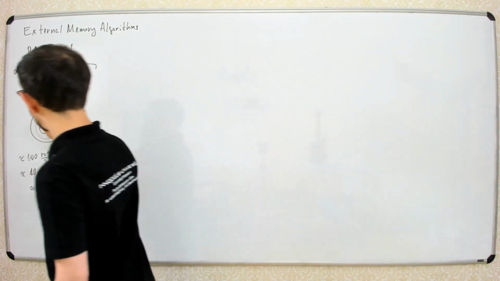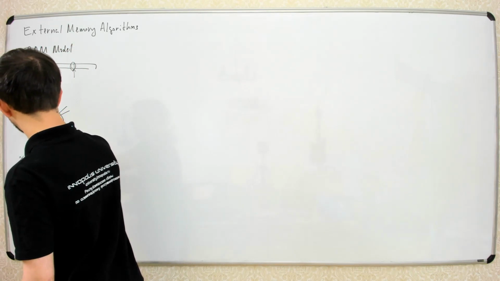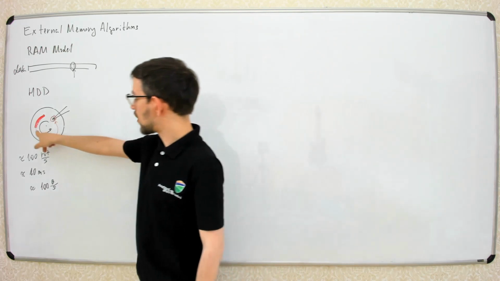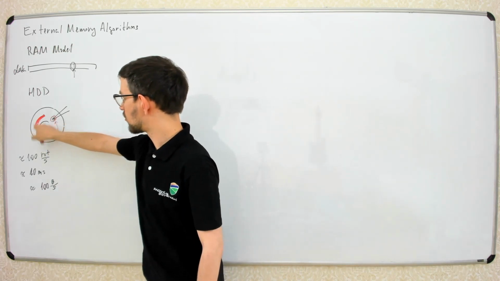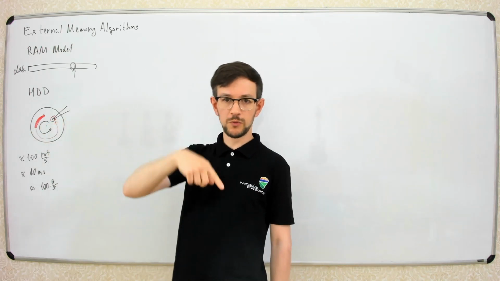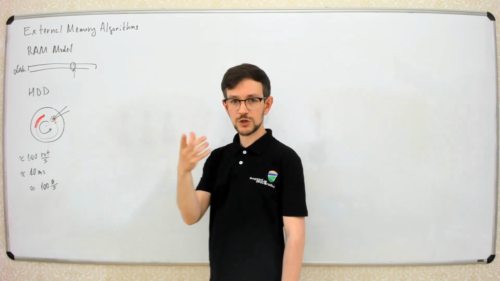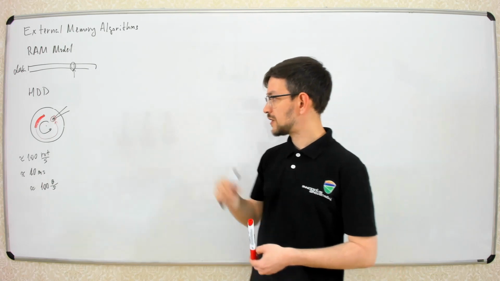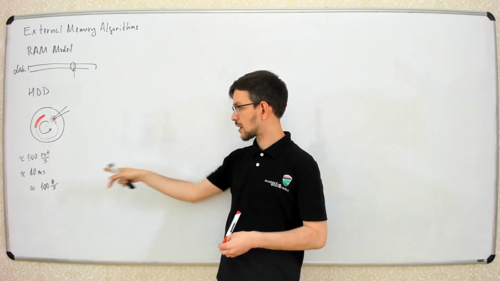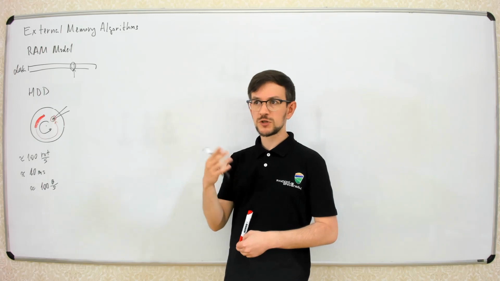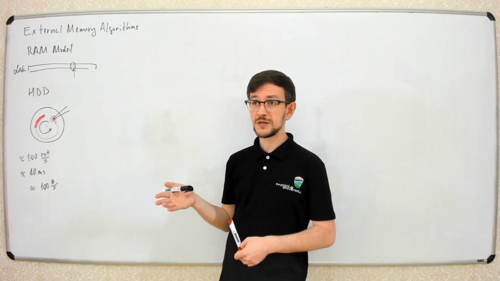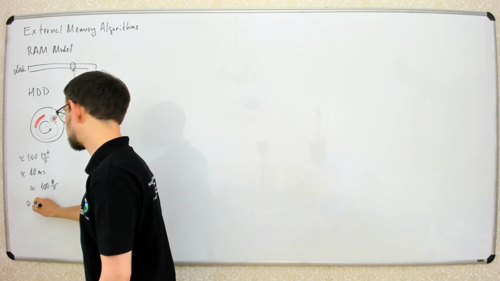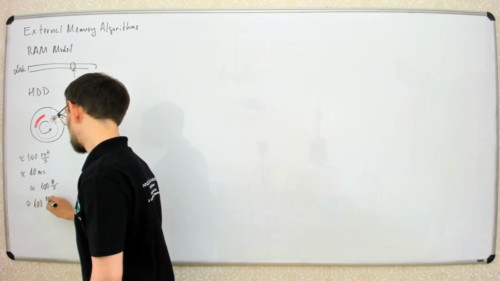So if you want to read this block of data, you wait until this block reaches this point, and then read the whole block instead of one byte. The speed of reading this data is pretty big, actually, compared to the previous speed. The usual speed of reading data from a hard disk is about 100 megabytes per second.